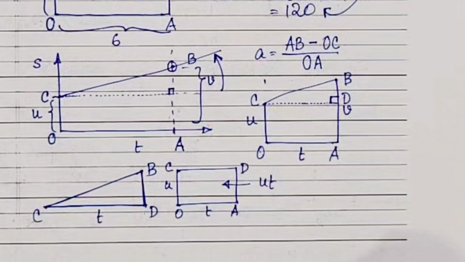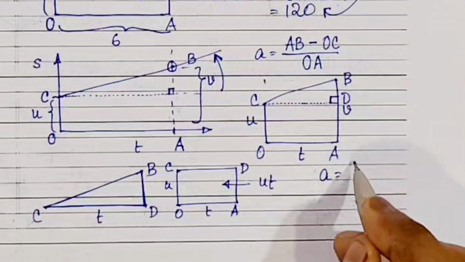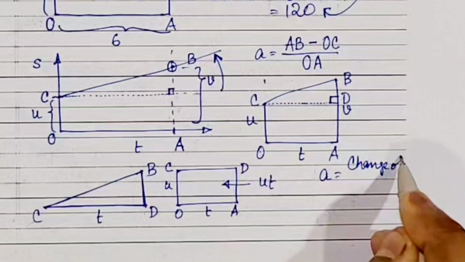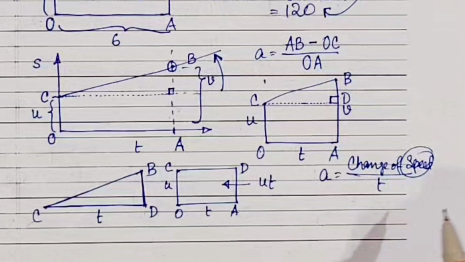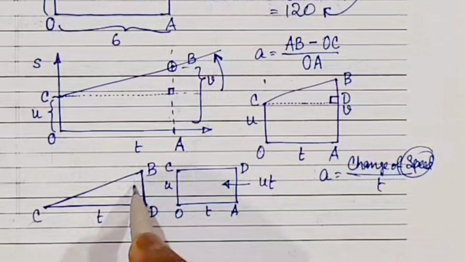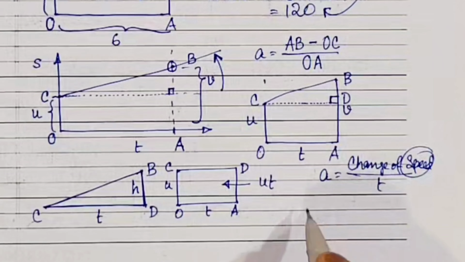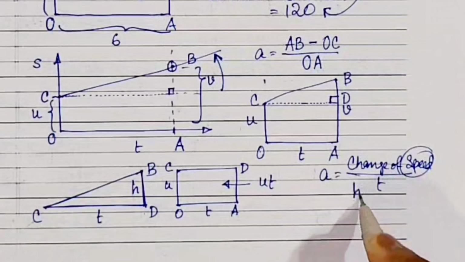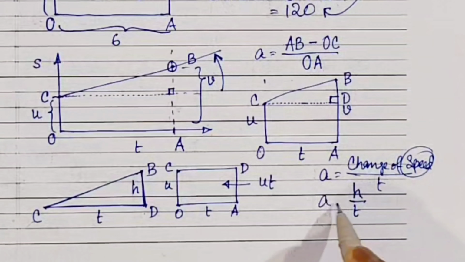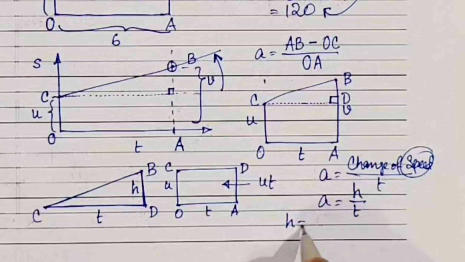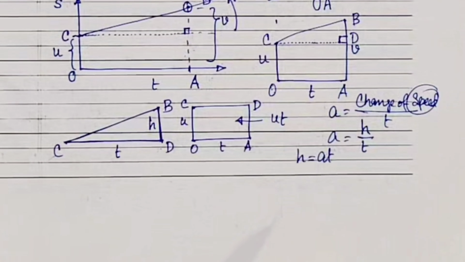BD is a change of speed, and we know that acceleration A equals change of velocity divided by time. So the height of this triangle, H, is the change of velocity, change of speed. T is the time. So A equals H by T. That means H equals AT. If you know the height, how do you find the area of the triangle?